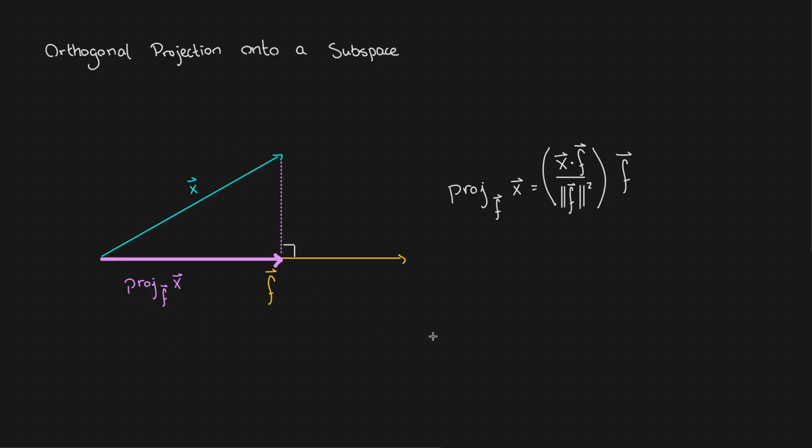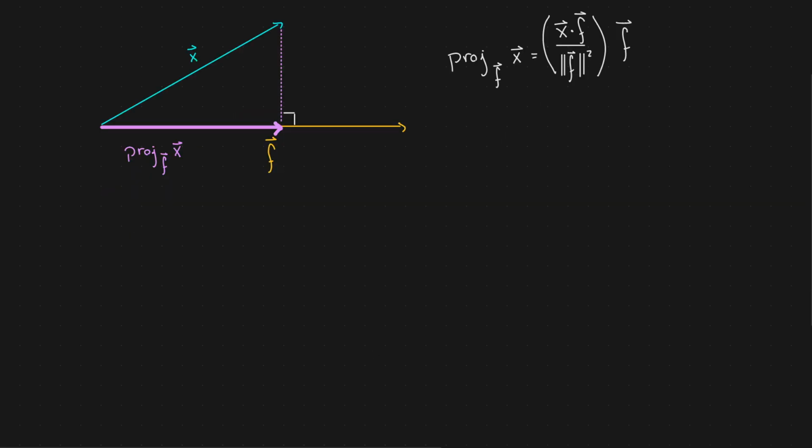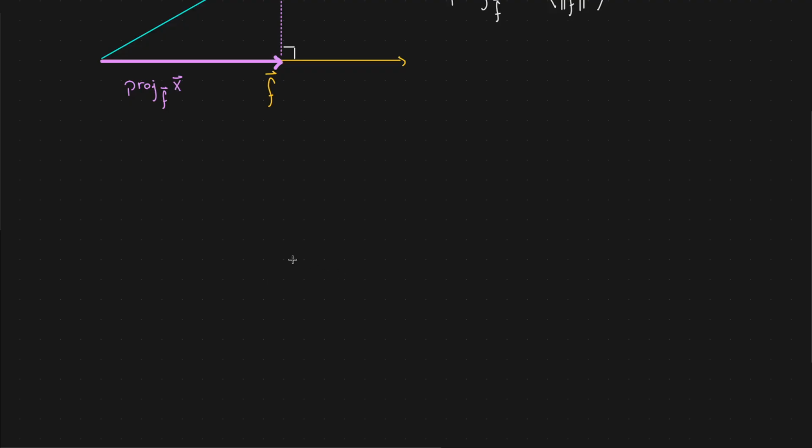Instead of projecting x onto just a single vector, what if we project x onto a subspace? What would that look like? Let's say we have some two-dimensional subspace, which means a two-dimensional subspace is a plane, right?